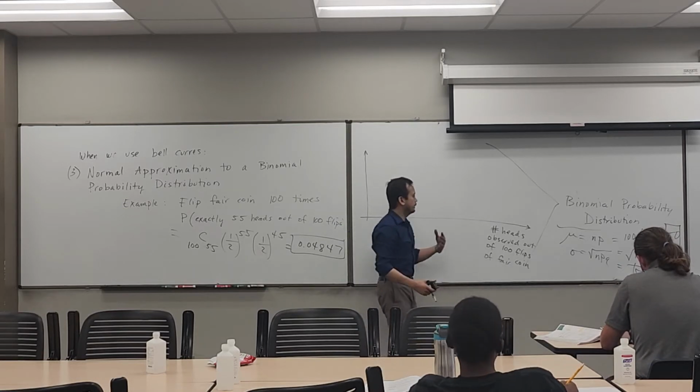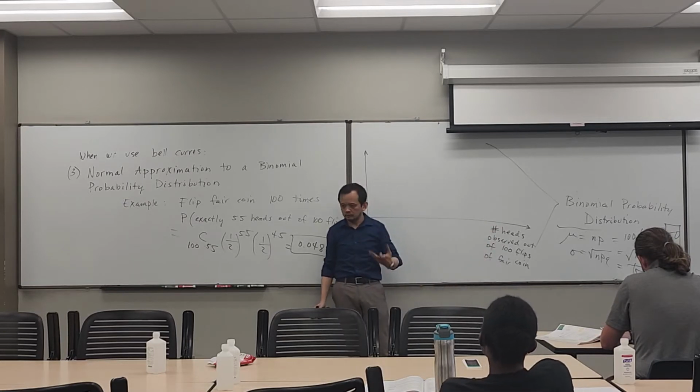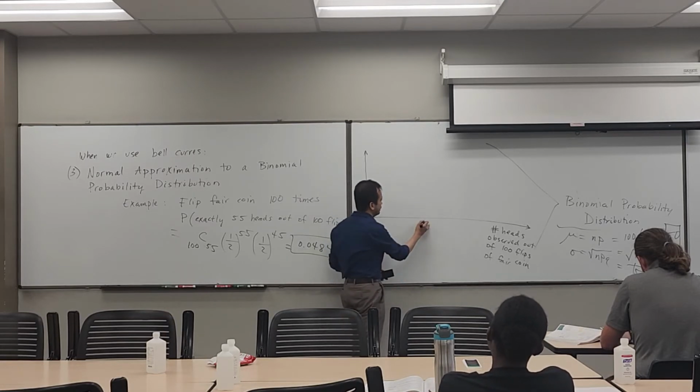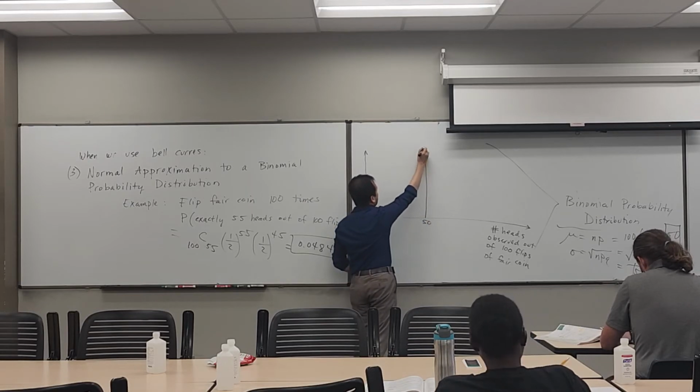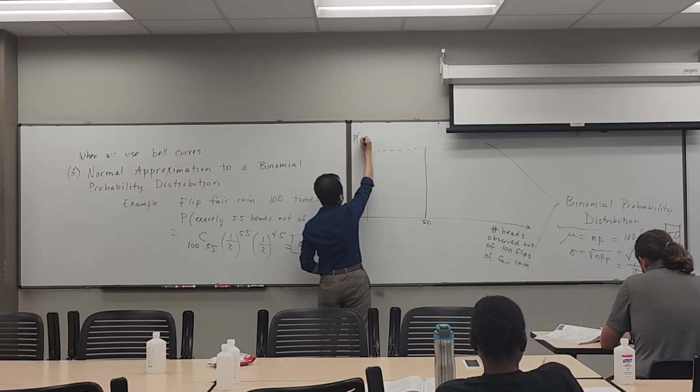So, if you flip this fair coin 100 times, what is the number of heads you should expect to observe with the most likelihood? 50. Yeah, 50. So at 50 here, we're going to have a bar with a certain height, where that height represents the probability of observing that many heads out of 100 flips.